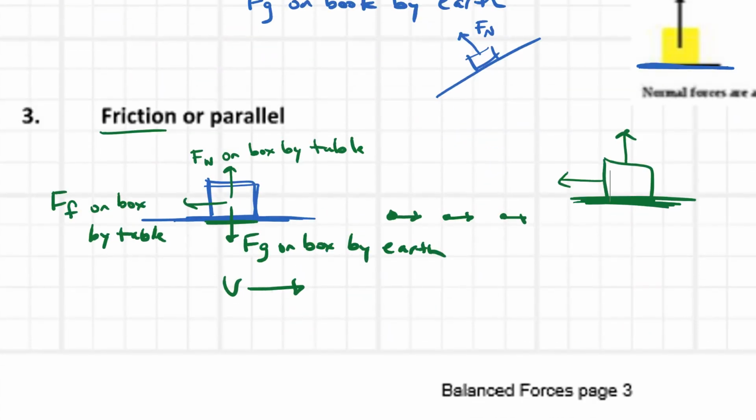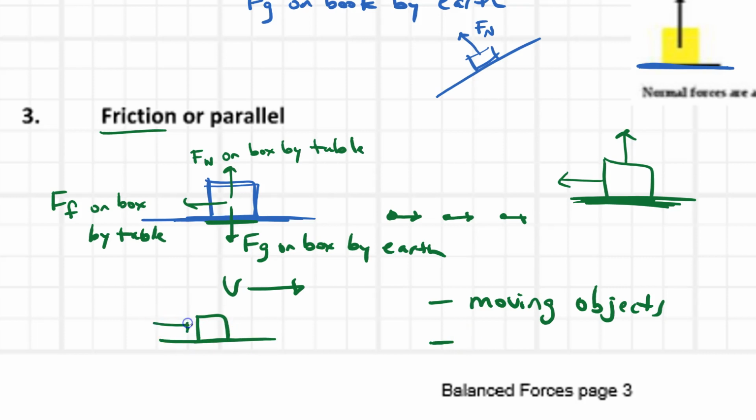And another thing to mention about the friction, it happens with moving objects, and also when there's two objects, and let's say there's this one here, and I'm pushing on it a little bit, but it doesn't move. So you can also have objects that sort of have a tendency or want to move, objects that might move if there was no friction.